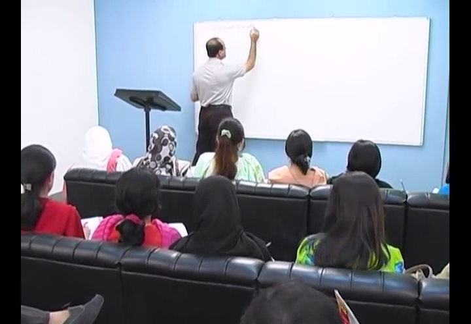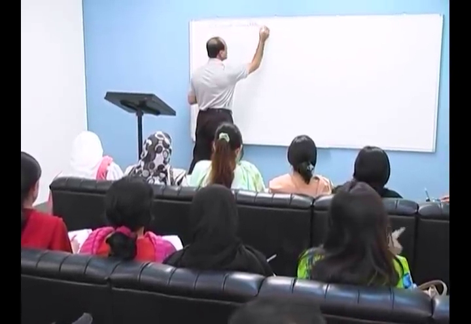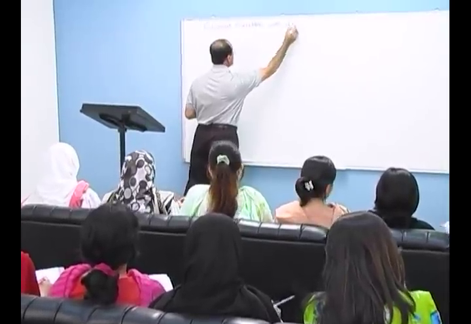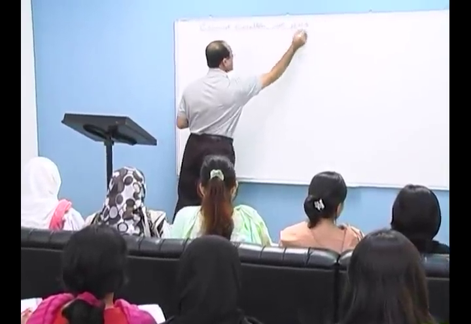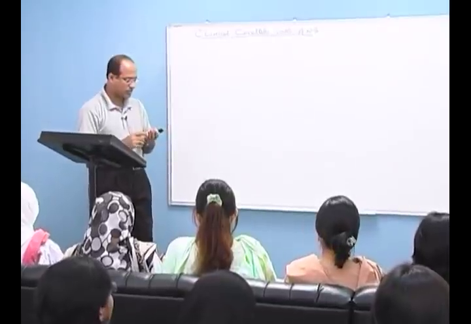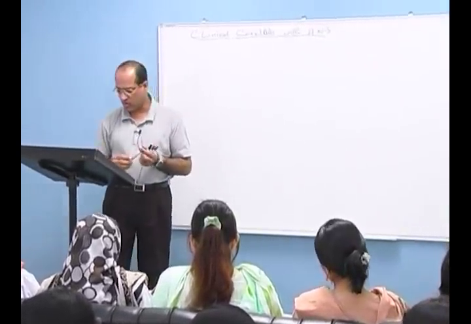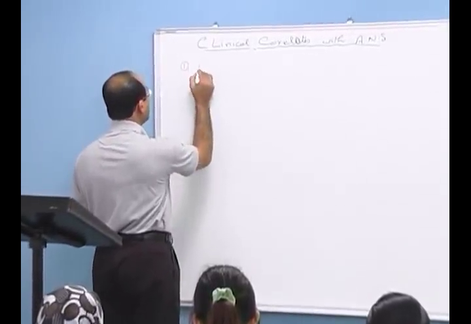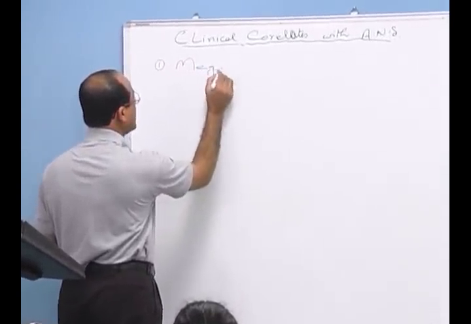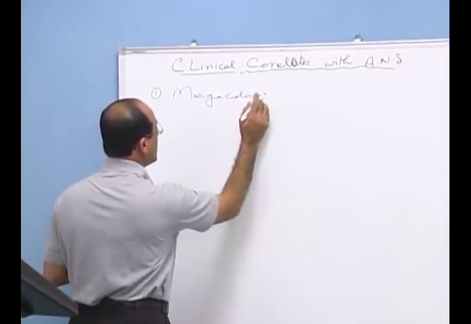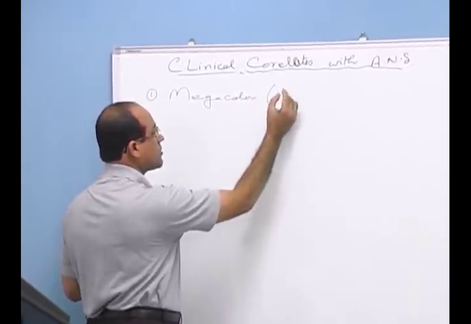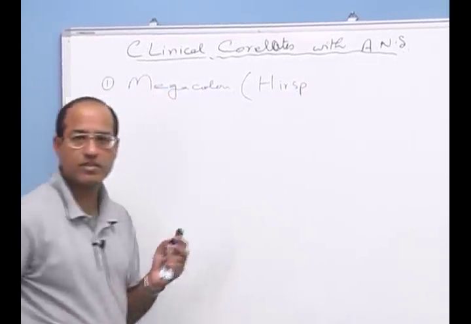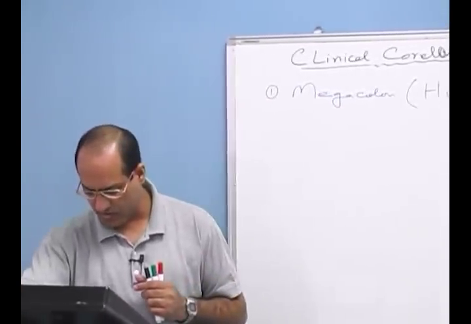Clinical correlates with the autonomic nervous system. We'll talk about a few syndromes and a few conditions. First of all, we'll talk about megacolon, a condition also called Hirschsprung's disease.